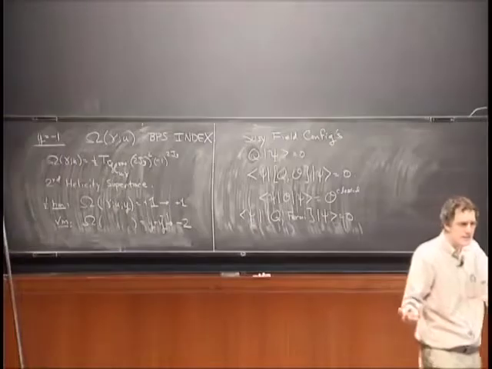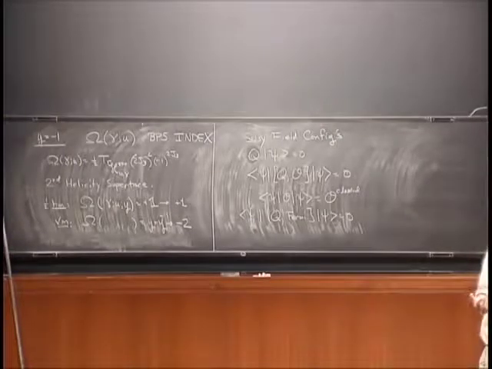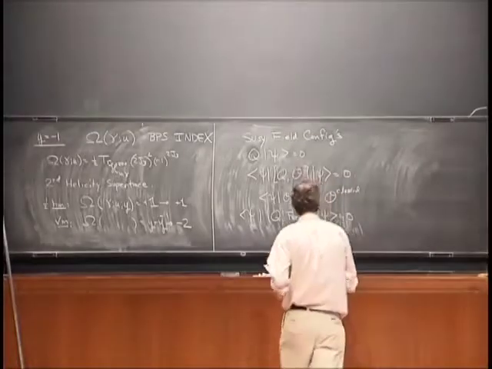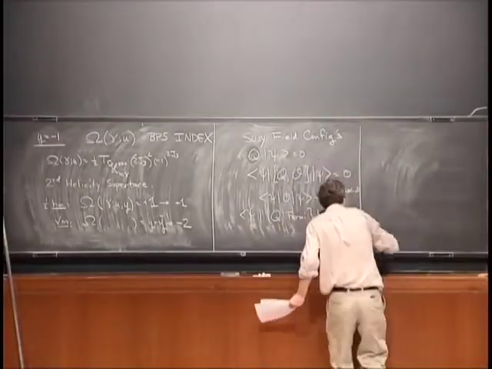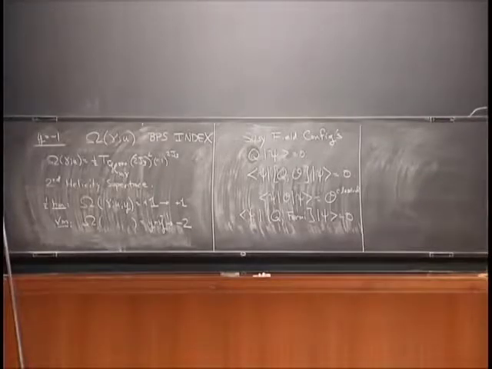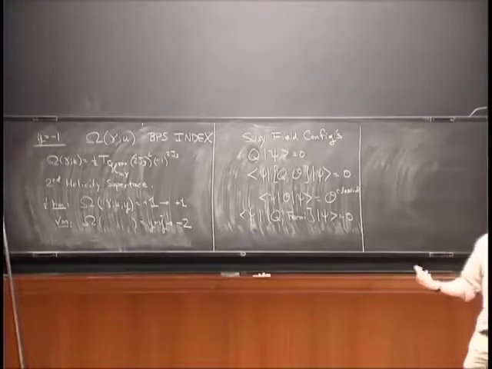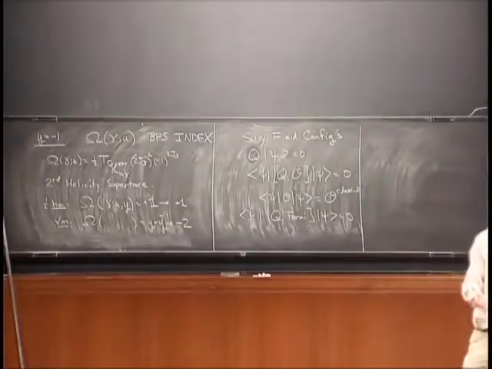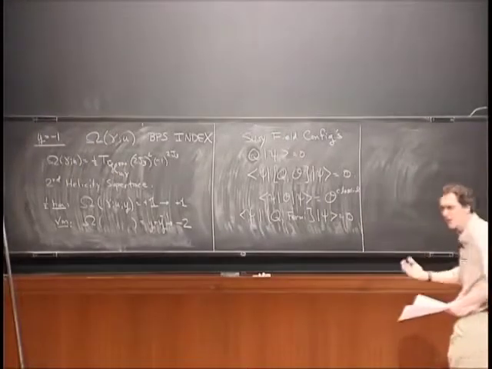And so setting this to 0 is a certain differential equation on those bosonic fields. So solutions of those first-order differential equations define what are called BPS field configurations. They're the semi-classical analogs of the BPS particles.